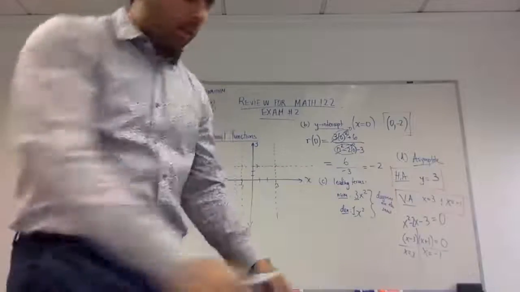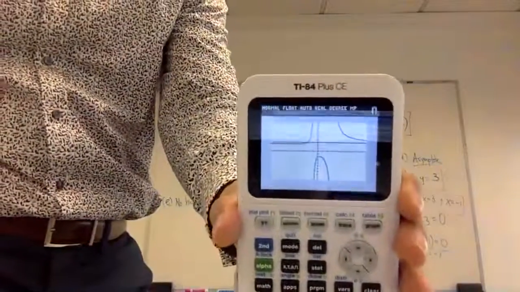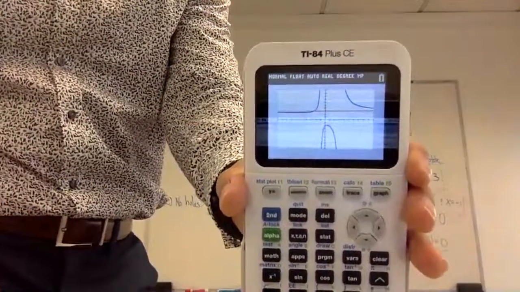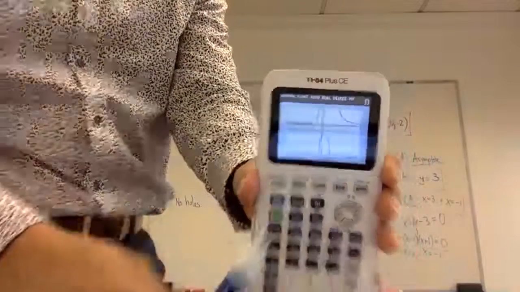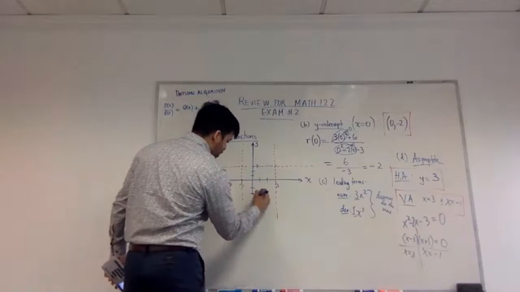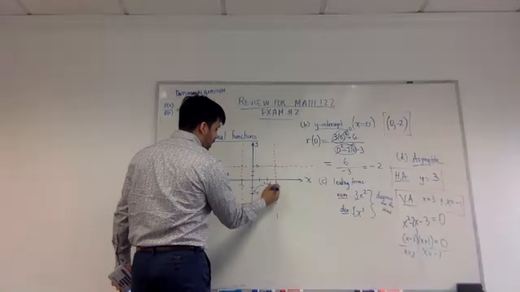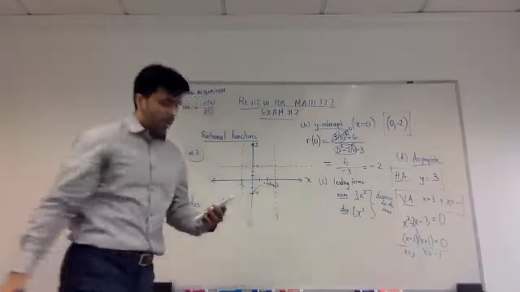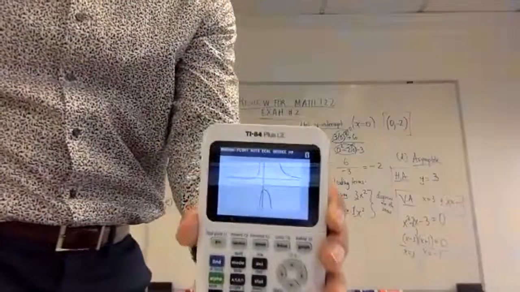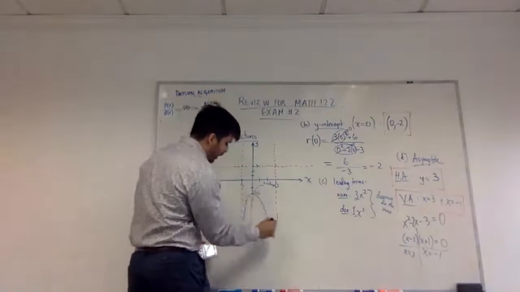And so then, if we go back to our graph, you see there are no x-intercepts, so we don't have to cross the x-axis. There is a y-intercept at 0, -2, I should say. So this is my y-intercept. Then I'm going to copy this a little bit here. This part is curving down like this.